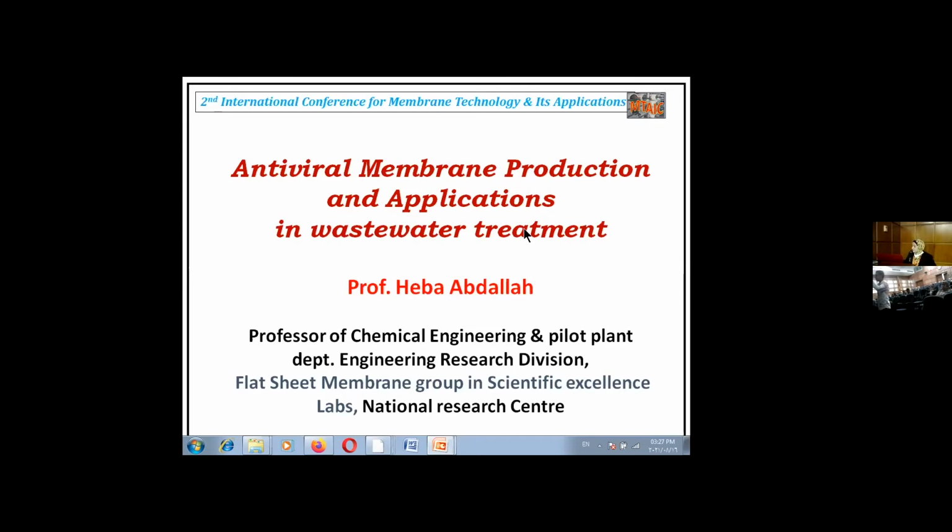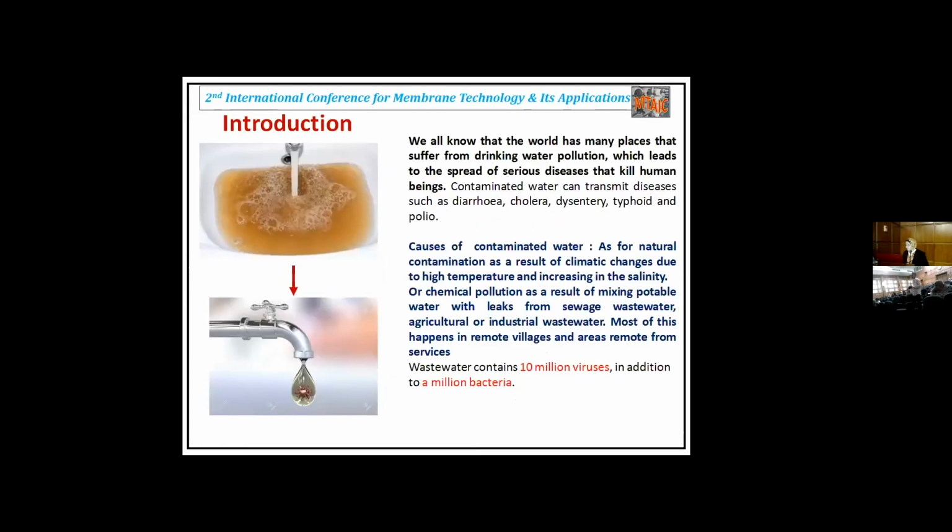First, we all know that the world has many places that suffer from drinking water pollution, which leads to the spread of serious diseases that kill human beings. Contaminated water can transmit diseases such as cholera, dysentery, typhoid, and viruses.